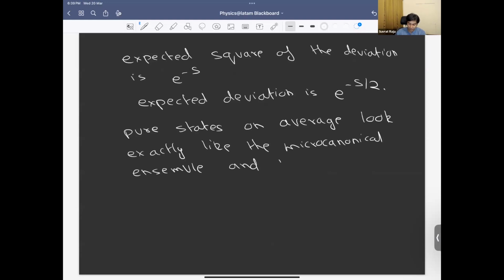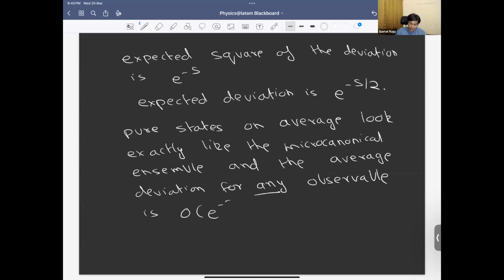And the deviation and the average deviation for any observable, notice I made no assumption about what the observable was, so any observable, is order e to the minus S by 2. This is a very important physical result. It is telling you that, for any observable, most states look almost exactly like the mixed state.